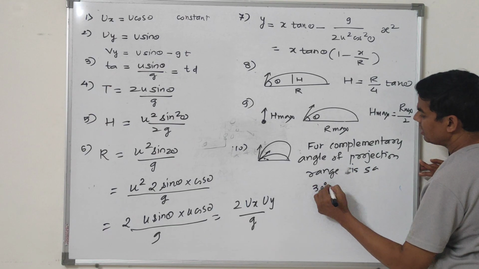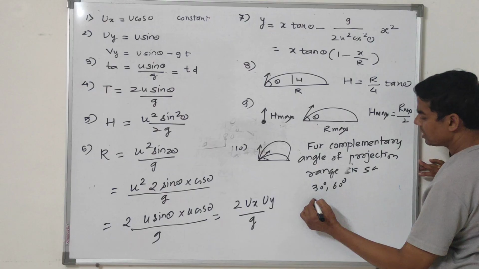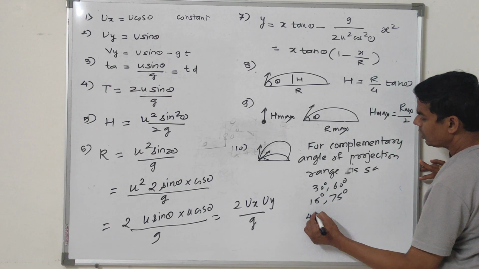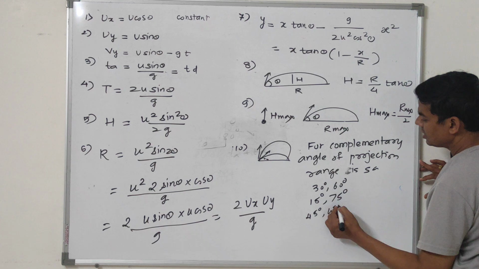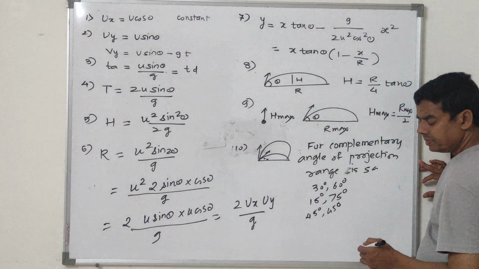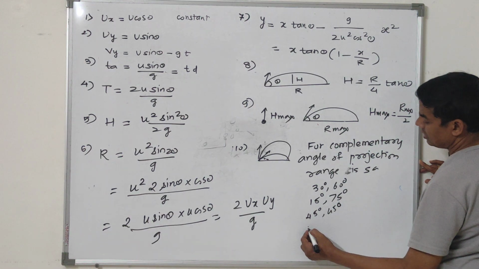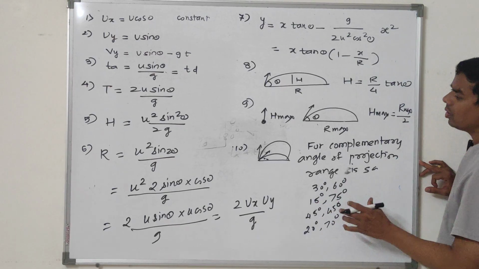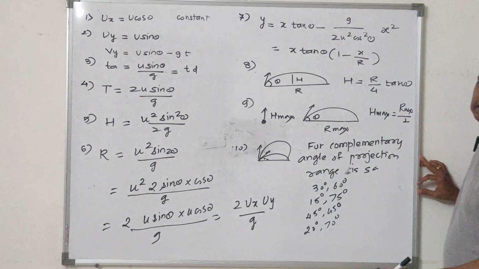For 30-degree and 60-degree angles of projection, same range. For 15-degree and 75-degree, range is the same. For 45-degree, range is the same again. For 20-degree and 70-degree, range is the same. So for complementary angles of projection, range is the same.